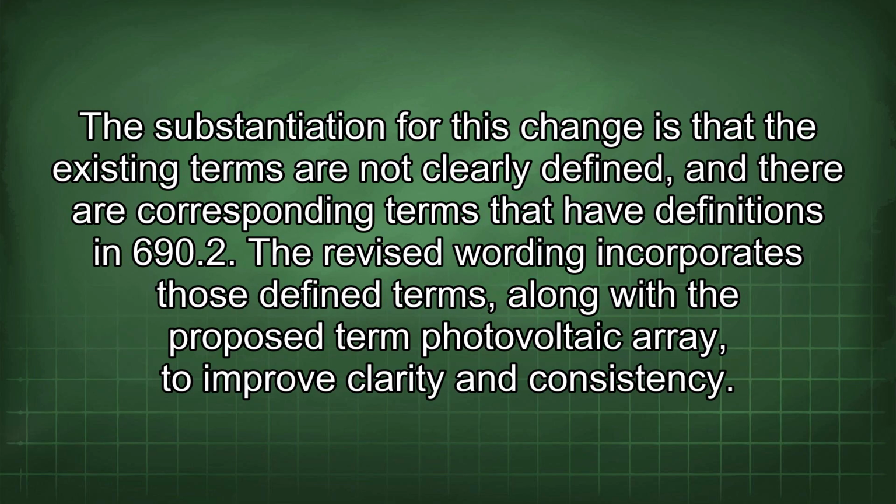The substantiation for this change is that the existing terms are not clearly defined, and there are corresponding terms that have definitions in 690.2. The revised wording incorporates those defined terms along with the proposed term photovoltaic array to improve clarity and consistency.